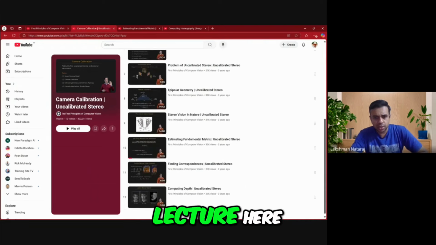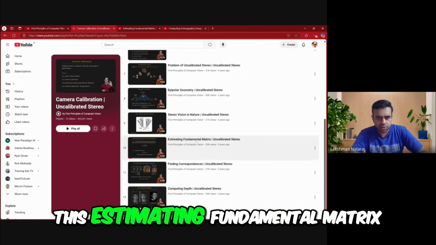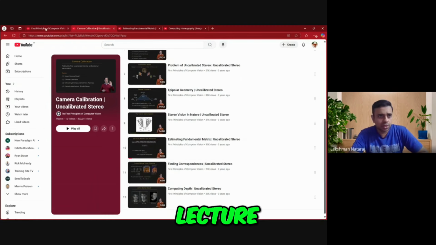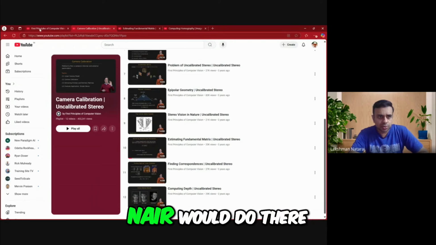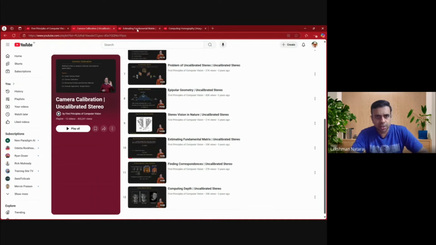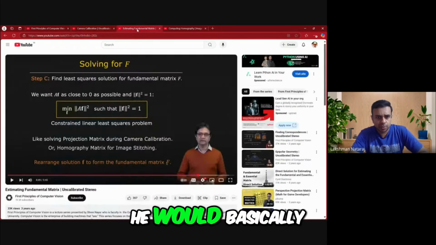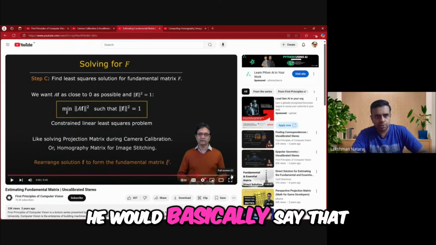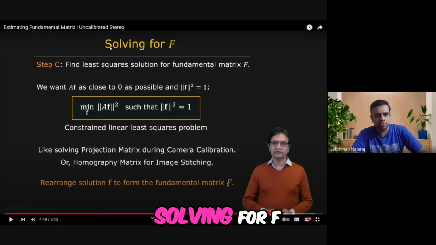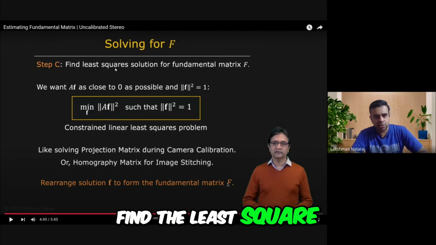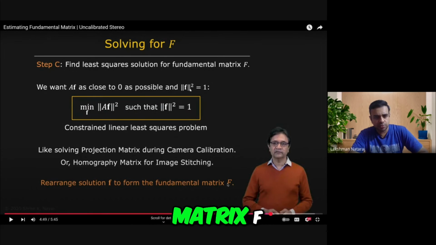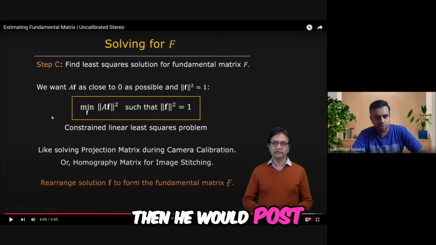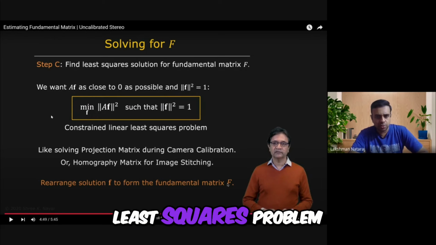There was one lecture here, the estimating fundamental matrix lecture. What Professor Srinair would do there is say: solving for F, find the least squares solution for the fundamental matrix F. Then he would pose this as a constrained least squares problem.